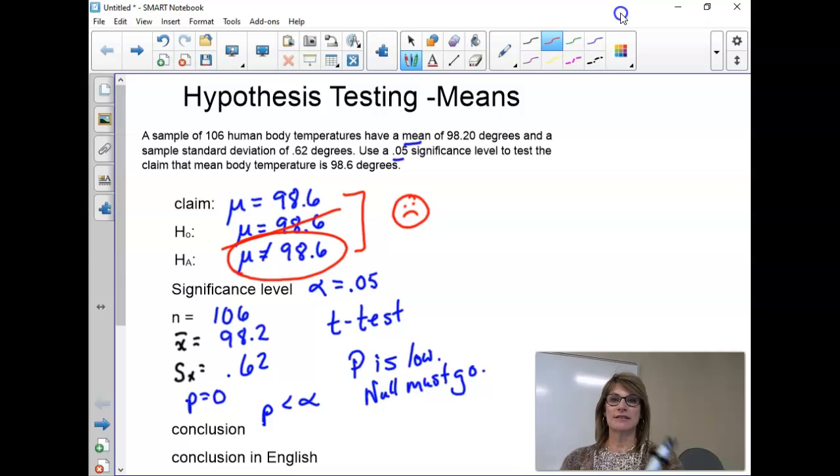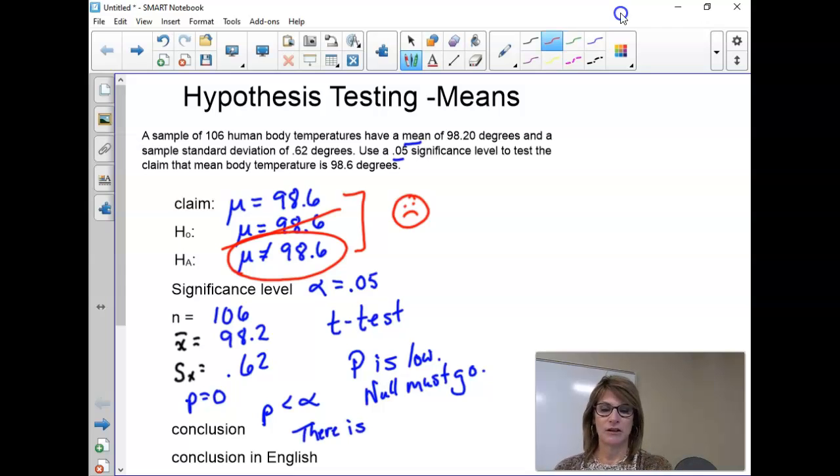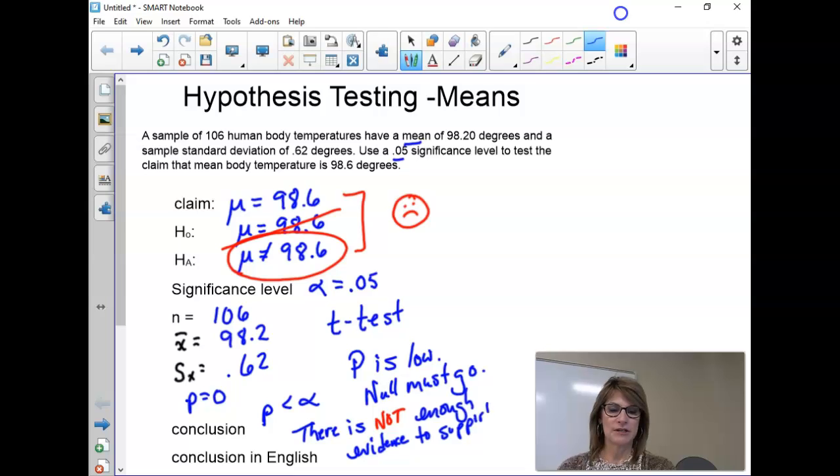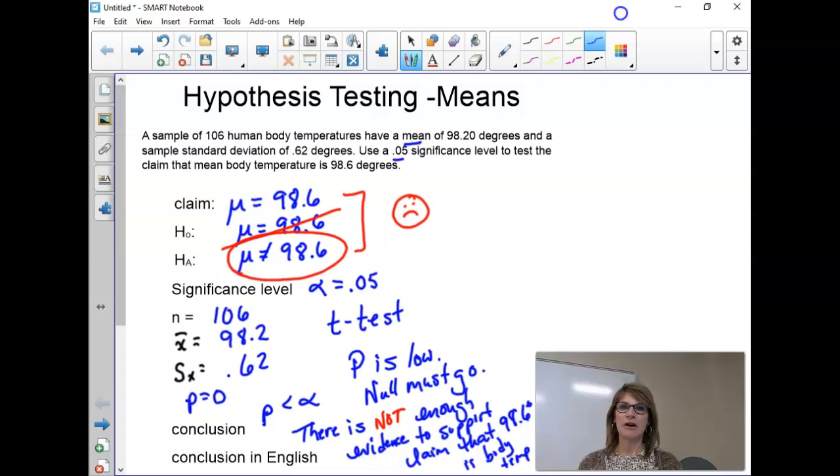So if it is not the same, then we say there is not enough evidence to support the claim that whatever you're claiming that 98.6 degrees is, I'm running out of space, is regular body temp.